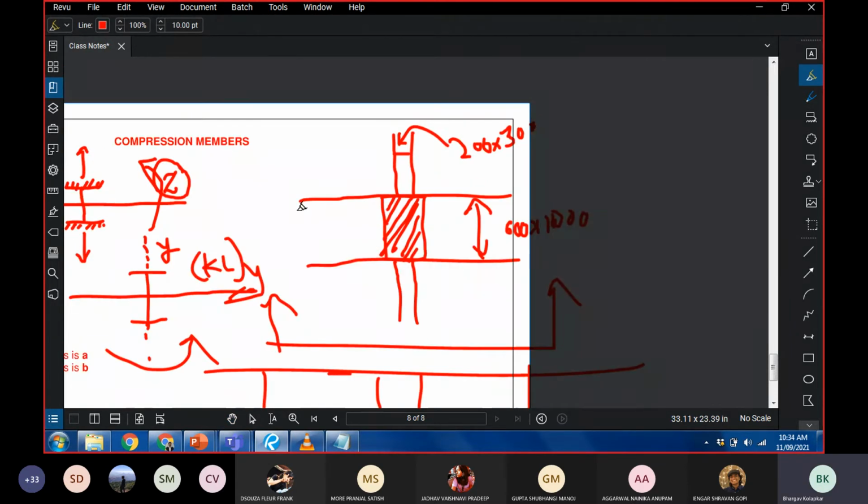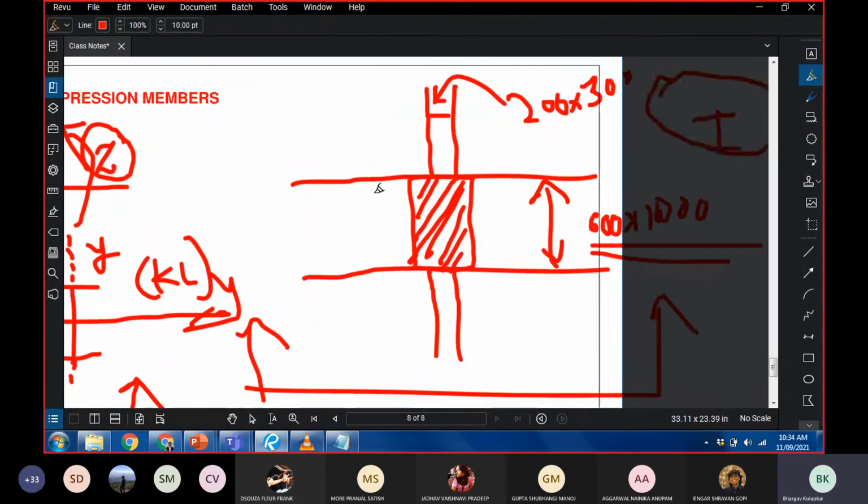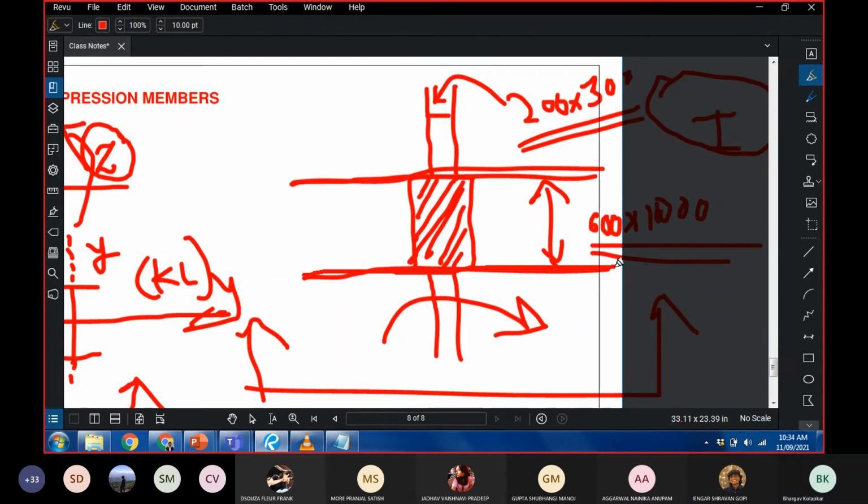So this beam, which has a very high value of I, provides a larger fixity, or a larger bending strength, to the column as compared to this beam that has dimensions of 200 and 300 and a relatively less value of I. So when we are talking about bending this column in this direction, it has a larger fixity.